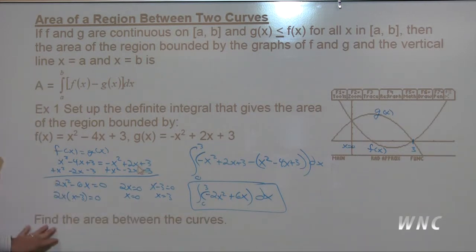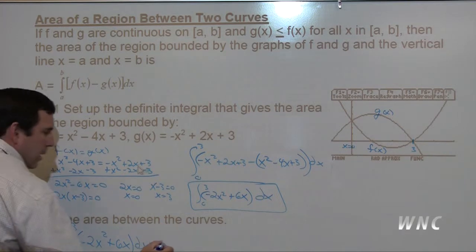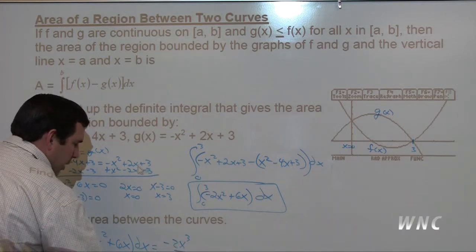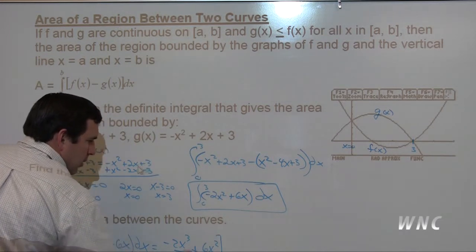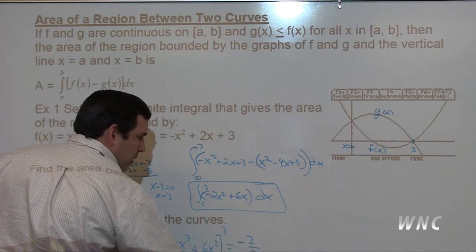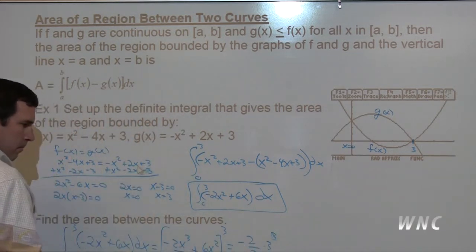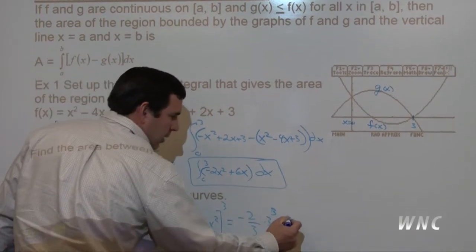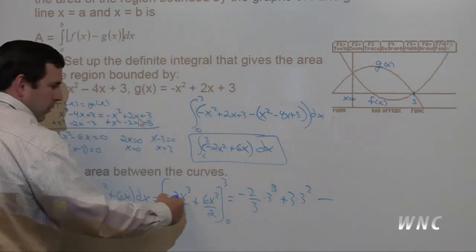The next part is to evaluate the integral, find the area between the curves. So here we have the integral from 0 to 3 of negative 2x squared plus 6x dx. That's going to be negative 2x cubed over 3 plus 6x squared over 2 from 0 to 3. So we're looking at negative 2/3 times 3 cubed plus 6 divided by 2 is 3, 3 times 3 squared, minus, if you put 0 in for either of these, you're going to get 0.